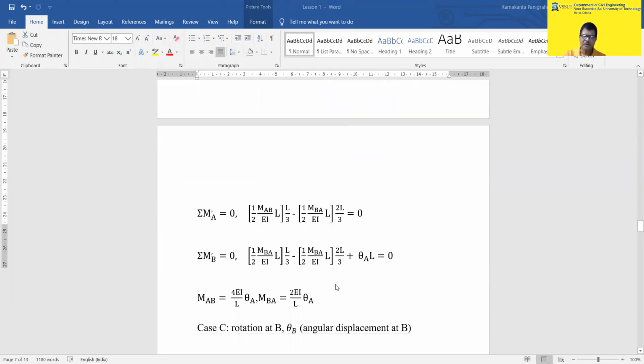That will give the value of theta A. Now if we solve these equations, you'll find MAB and MBA in terms of theta A. Due to the rotation at the end A, the moment at A will be 4 EI by L into theta A, and MBA will be 2 EI by L into theta A. If the moment here is clockwise, this also will be clockwise. They are in the same direction, and the moment is half of this value.